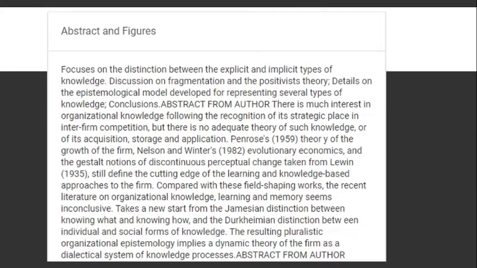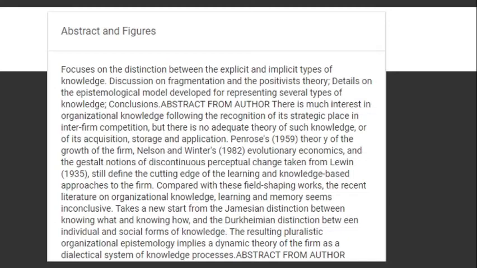But there is no adequate theory of such knowledge, or of its acquisition, storage, and application. Penrose's 1959 theory of the growth of the firm, Nelson and Winter's 1982 evolutionary economics, and the Gestalt notions of discontinuous perceptual change taken from Lewin 1935 still define the cutting edge of the learning and knowledge-based approaches to the firm.